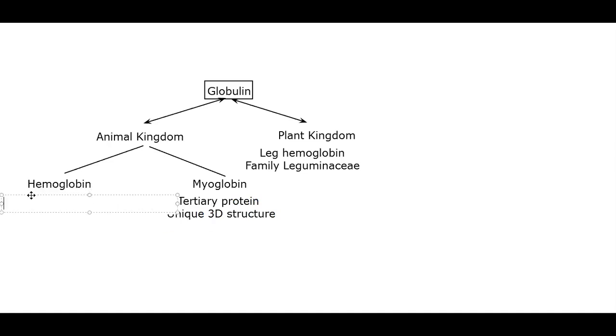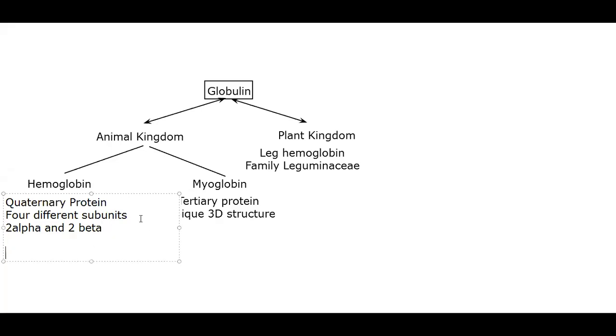It is a quaternary protein in nature because it is made up of more than one subunit, four different subunits: 2 alpha and 2 beta in the normal case.